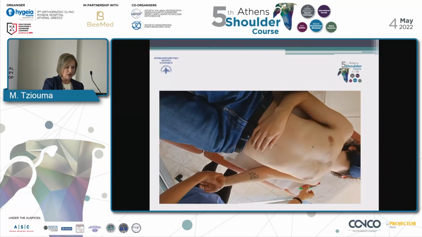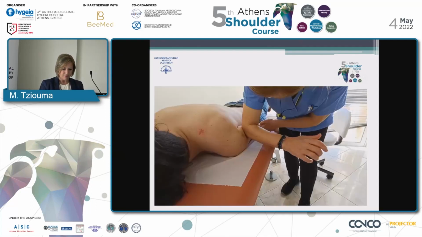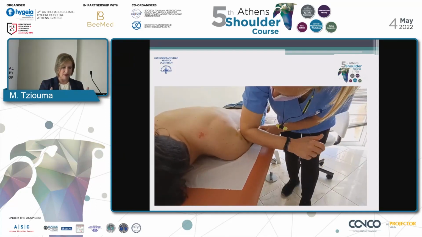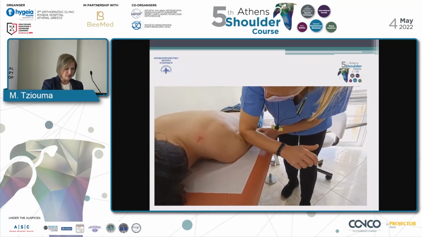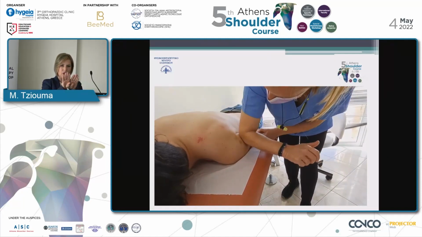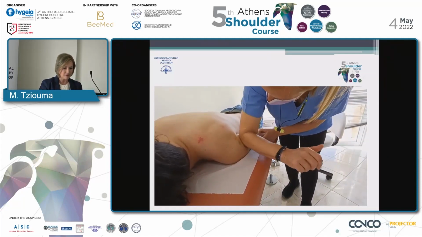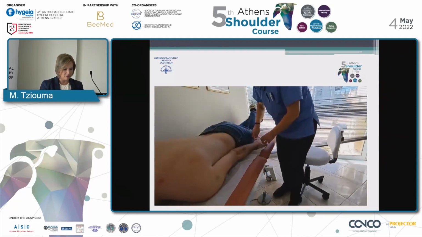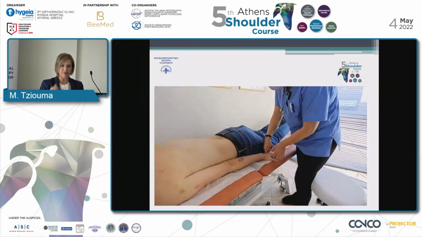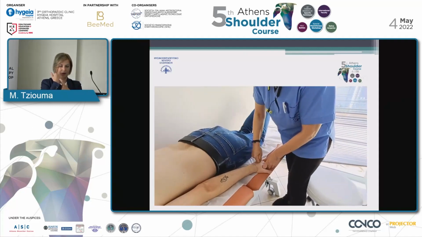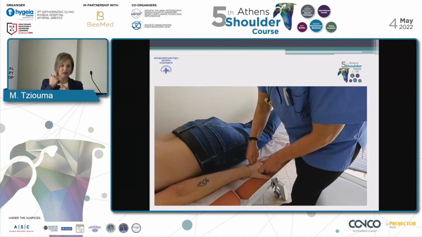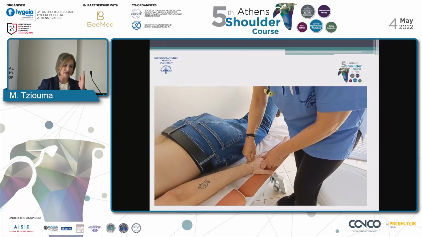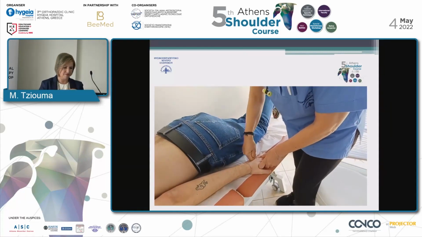So I go down and up, and the posterior part is down. It's between the two heads of the triceps, and then go down. This is a very good point because it's in the sequence of retro movement.